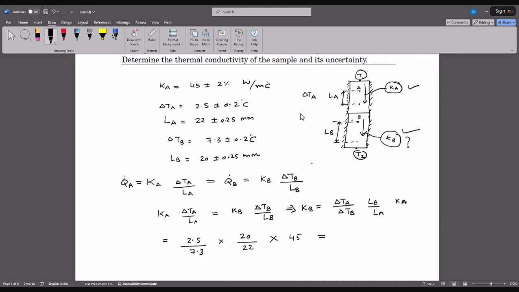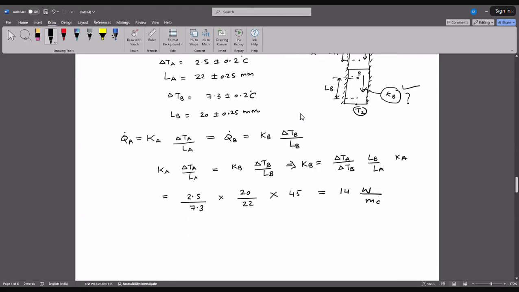If you do the math, you can find Kb as 14 watt per meter degree C.